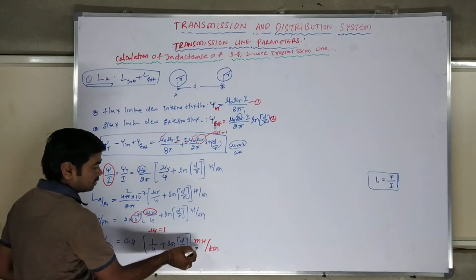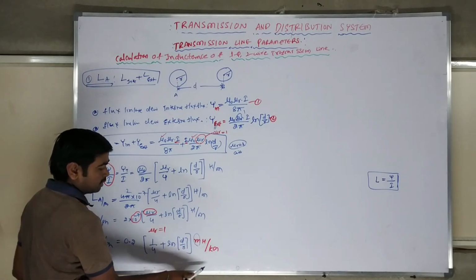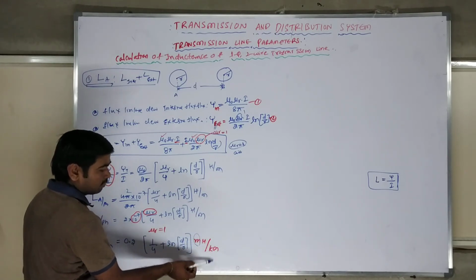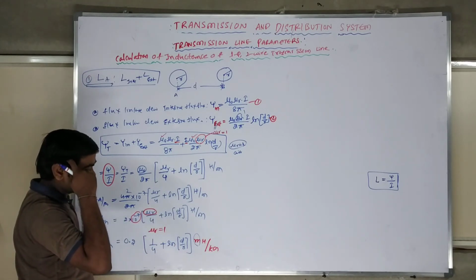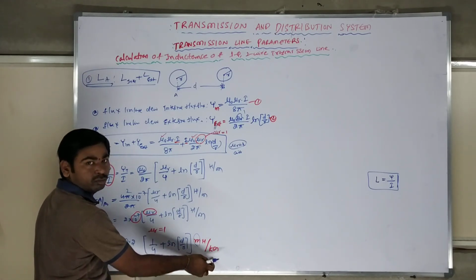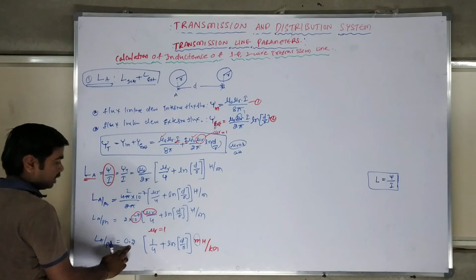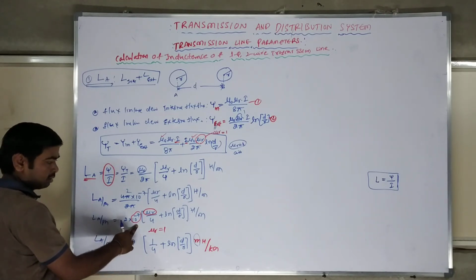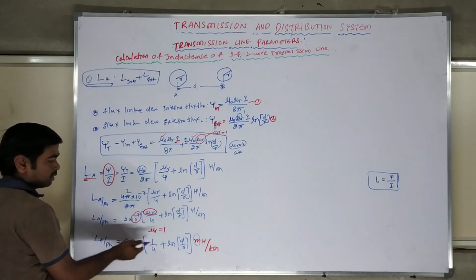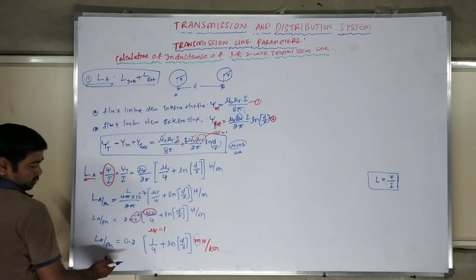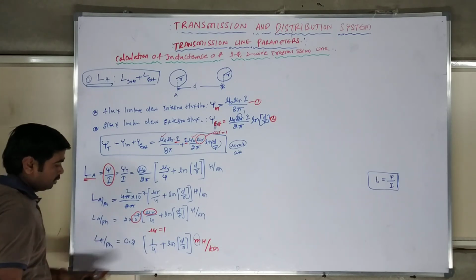Millihenry means 10 power minus 3 and kilometer means 10 power 3, so converting, 10 power minus 3 and 10 power minus 6 give the 0.1 factor, and I am converting the inductance per meter into millihenry per kilometer.